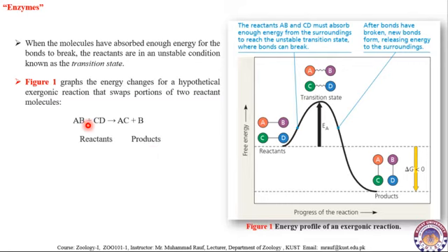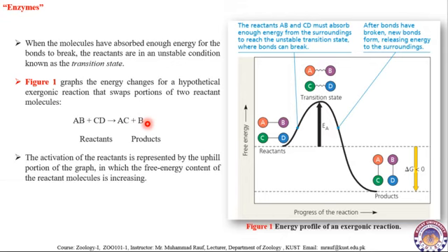So AB plus CD, these are the reactants, and then AC plus BD, these are the products. The activation of the reactants is represented by the uphill portion of the graph, in which the free energy content of the reactant molecules is increasing.